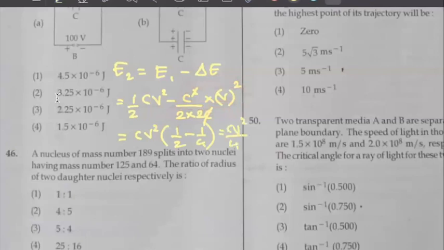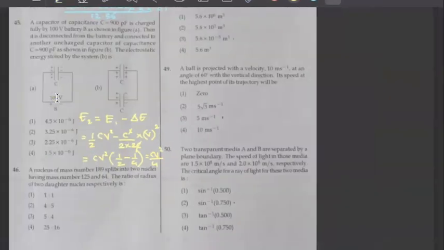So now I need to calculate this. CV square by 4. C was 900 pico, so 9 into 10 to the 2. Nano is minus 9, pico is minus 12. Kilo, milli, mega, micro, giga, nano, mega, pico. So 10 to the minus 12. And V square: the voltage was 100 volts, so 100 square is 10 to the 4, divided by 4.